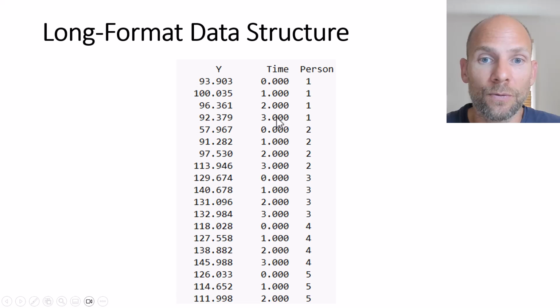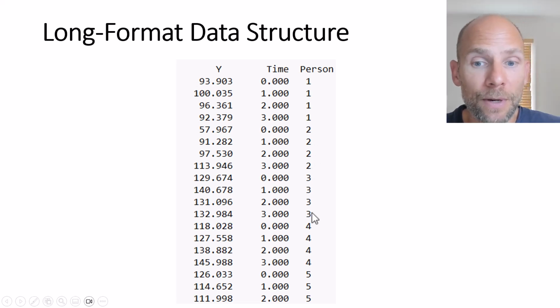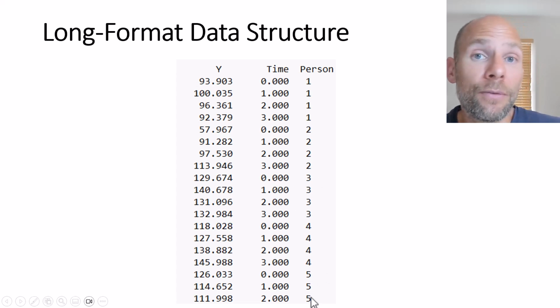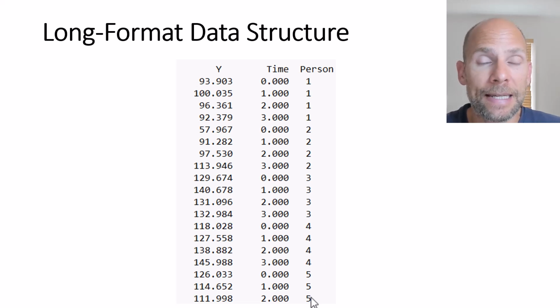Across those 4 time points, those are all scores from person 1, and then next we have person 2 with 4 time points, then person 3 with 4 time points, and so on. You can see for person 5 we have only 3 time points, and that's not a problem when we analyze data in this way, because the multi-level modeling framework can readily accommodate different numbers of time points per individual.